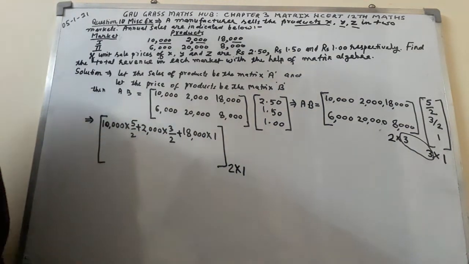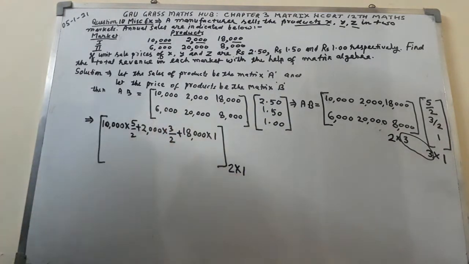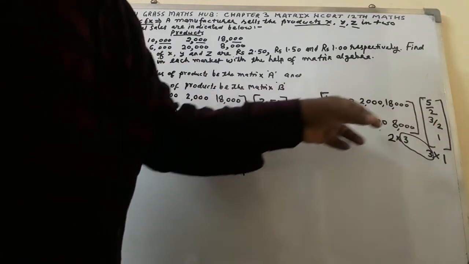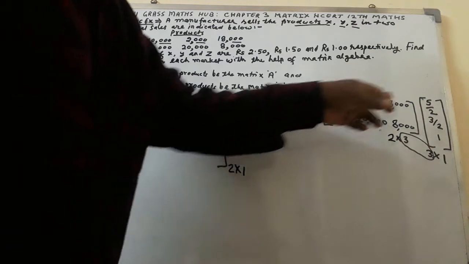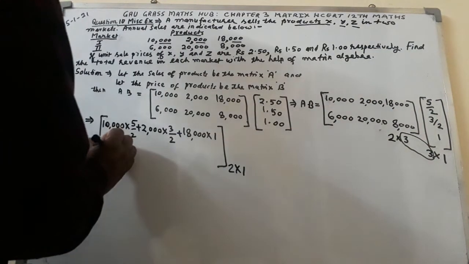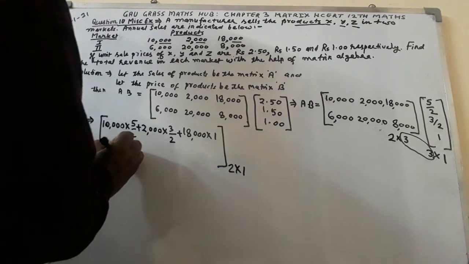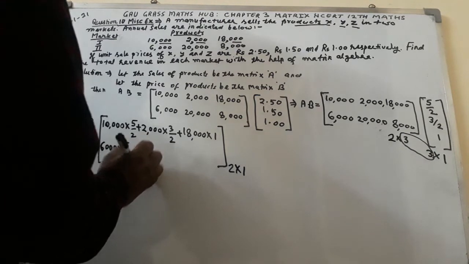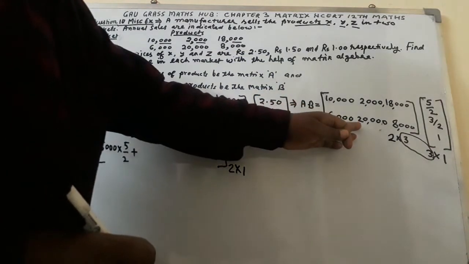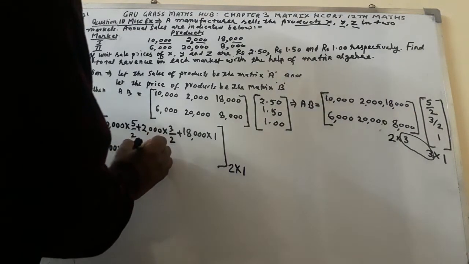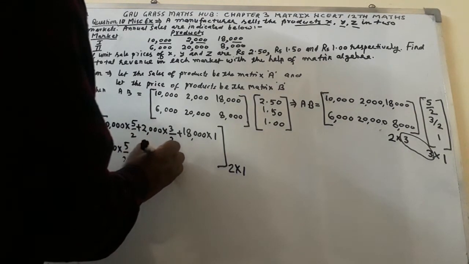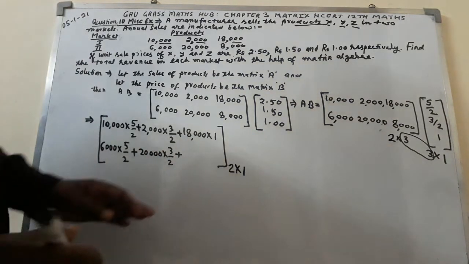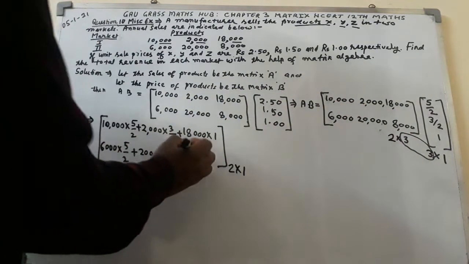So this is the first row, and I am going to form the second row here. 6,000 will multiply to 5 over 2, plus 20,000 will multiply to 3 over 2, plus 8,000 will multiply to 1.